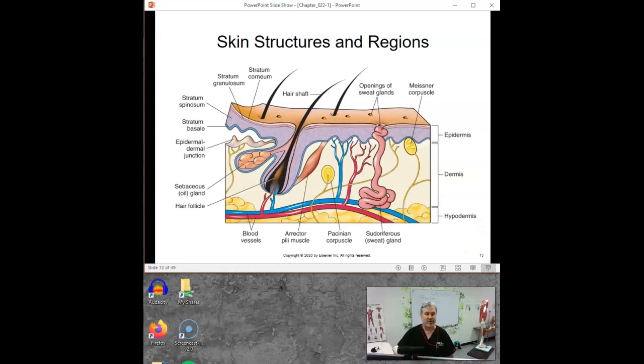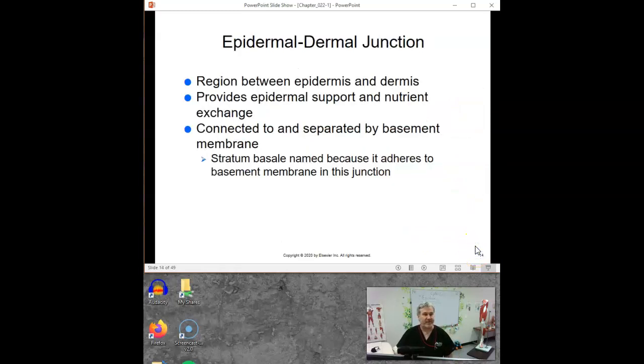Cool. We'll talk about sweat glands here in a second. And these corpuscles you see are nerve sensors. We'll talk about those in a minute too.